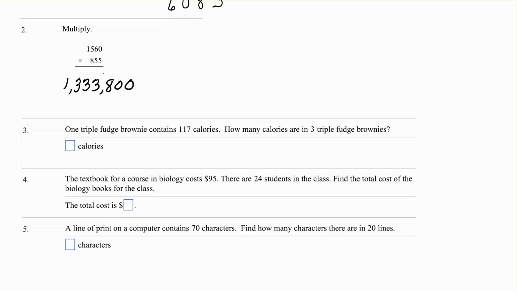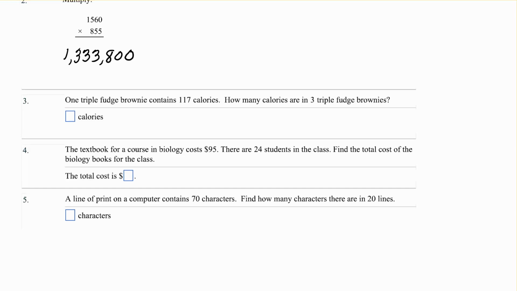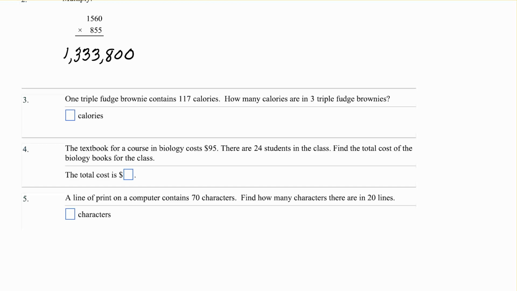All right, next one. Here's a few word problems. It says 1 triple fudge brownie contains 117 calories. How many calories are in 3 triple fudge brownies? In this one it doesn't say to multiply, but if this is the calories for 1, then the calories in 3 should be 3 times as much.